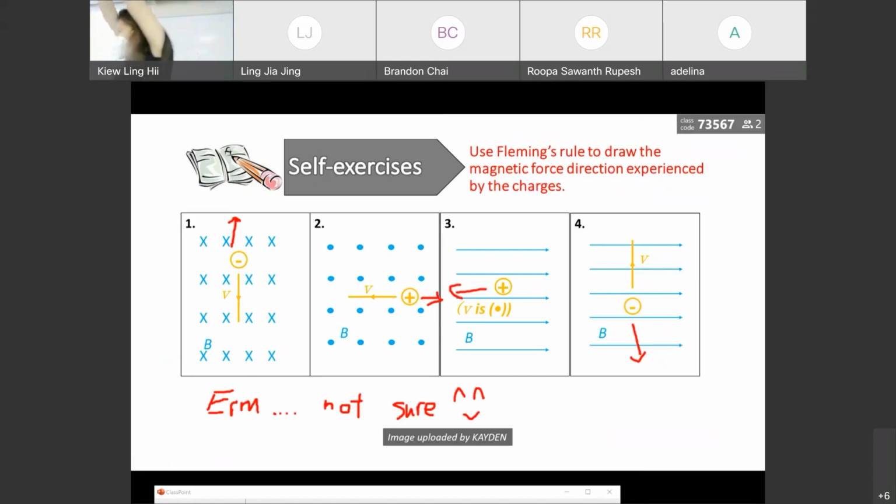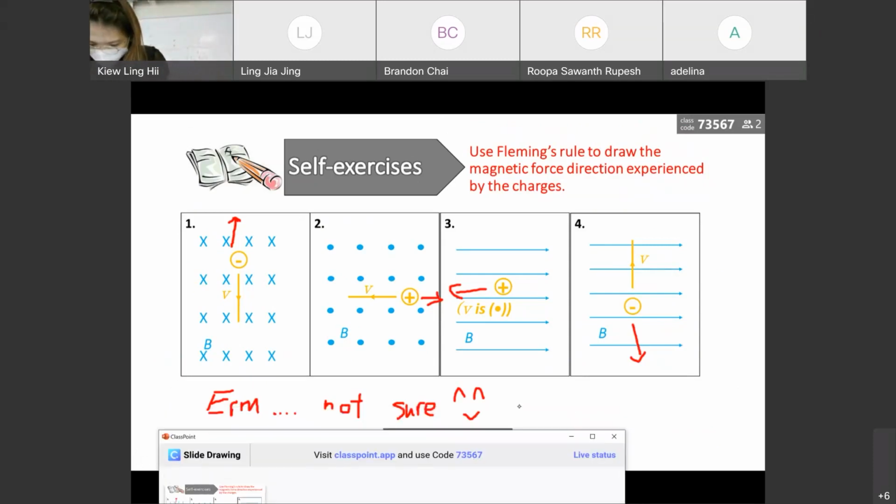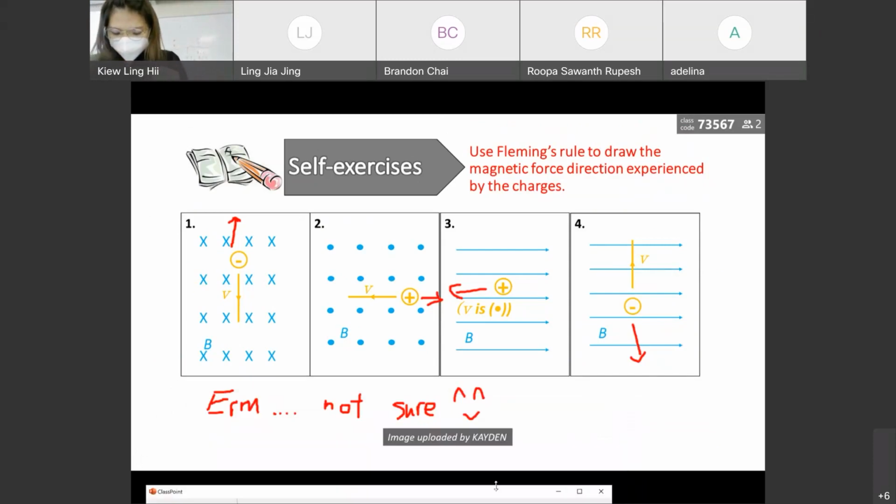Okay, so let's get the answer together. Question 1. This is a negative charge. For a negative charge, use the right hand. B into the screen. Stretch your middle finger.